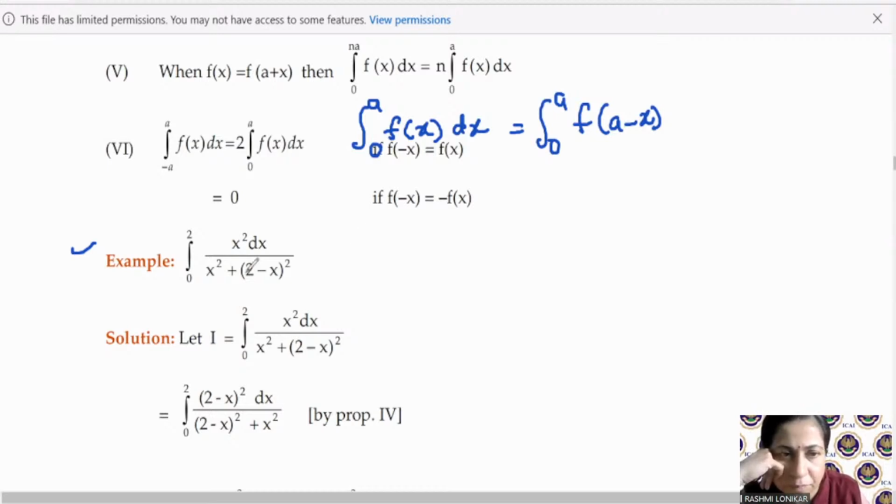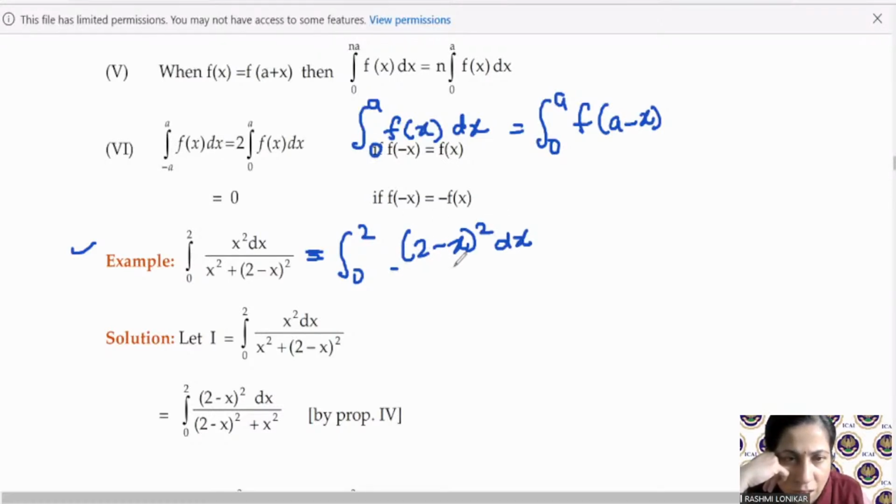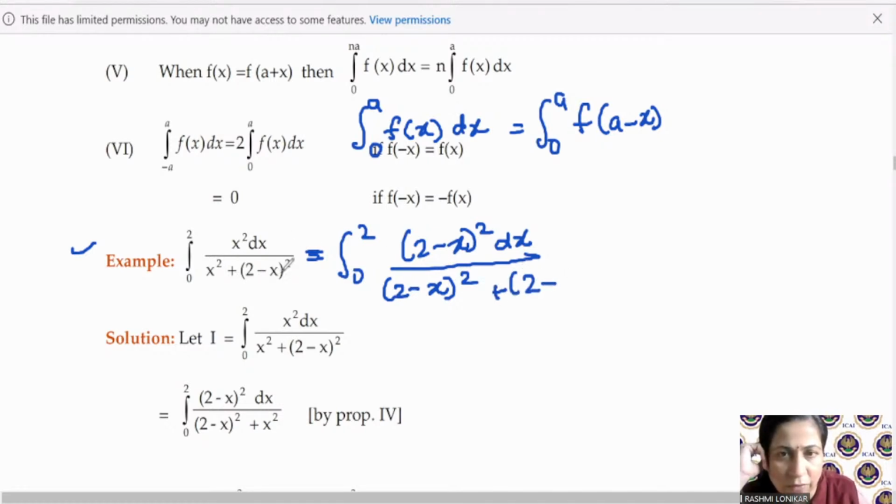So I write the integral 0 to 2 of (2 minus x) whole square dx upon (2 minus x) whole square plus, instead of x, 2 minus x, so minus 2 plus x whole square.